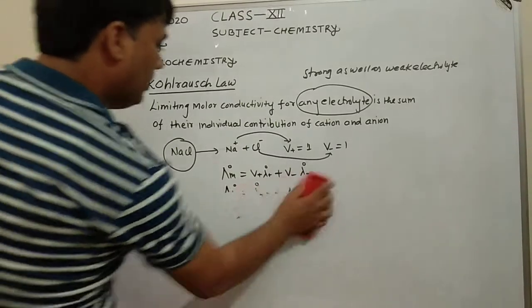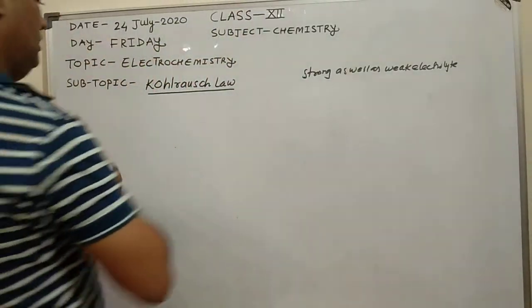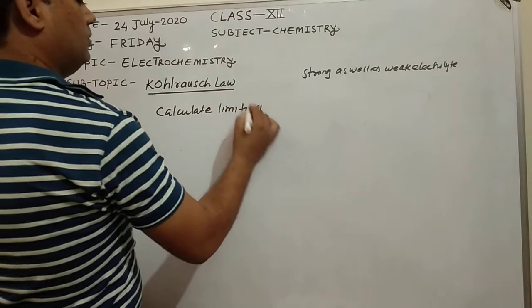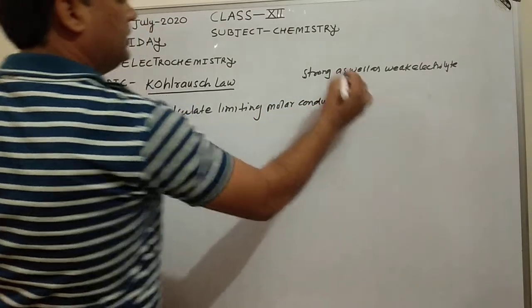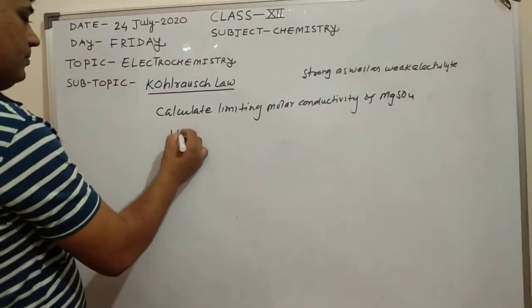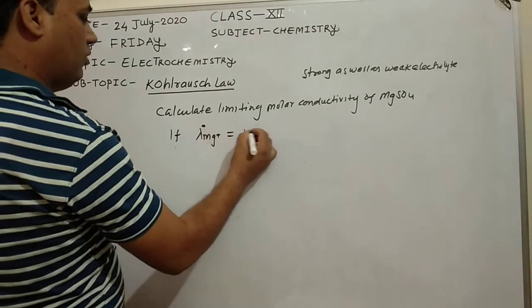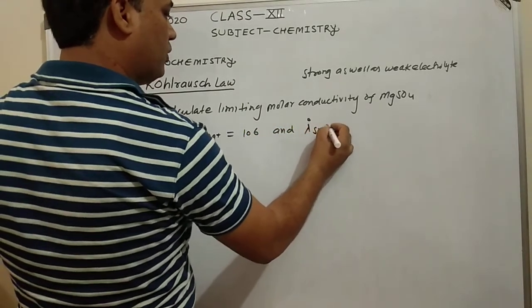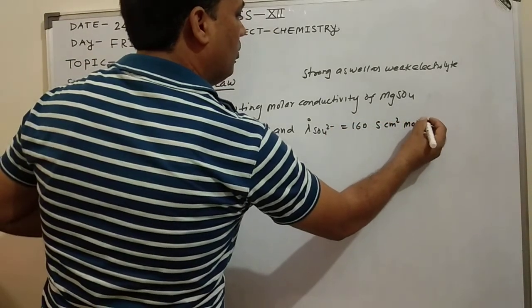For example, calculate the limiting molar conductivity of magnesium sulfate, that is MgSO4, if lambda naught Mg2 plus is equal to 106 and lambda naught SO4 2 minus is 160 Siemens centimeter square per mole.